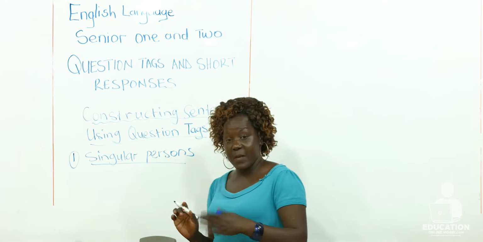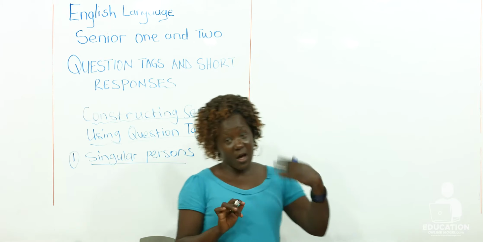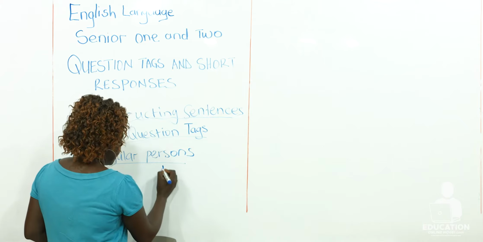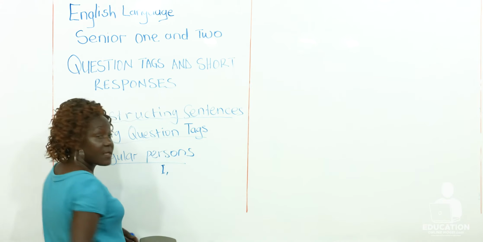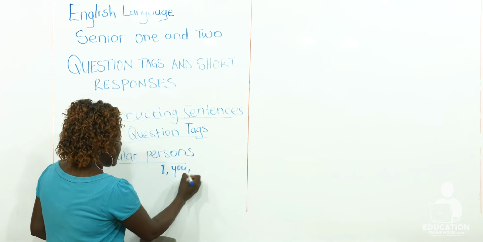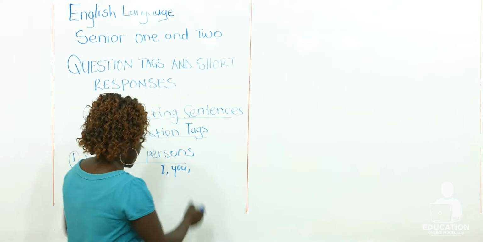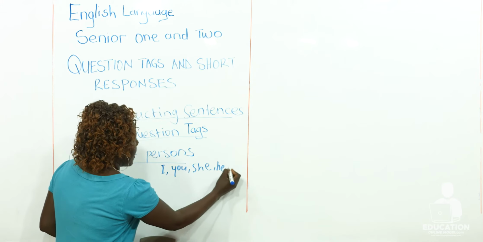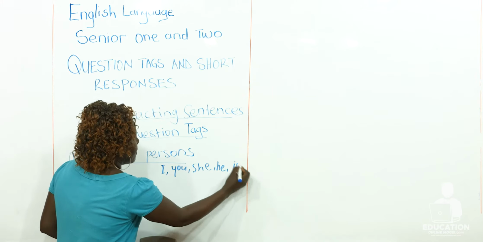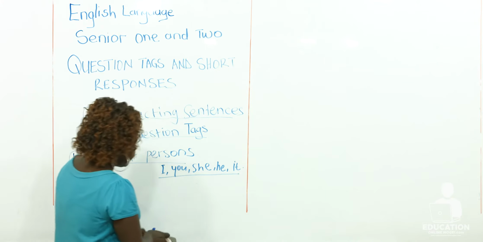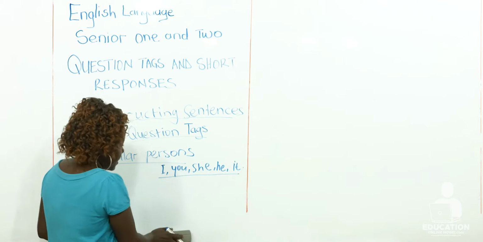Now we say singular person, especially the first person. First person is I. When it is second person, you, which is singular. Then when it is third, there are 3: she, he, and it. These ones are what we call singular in nature. Let us use them in sentences.